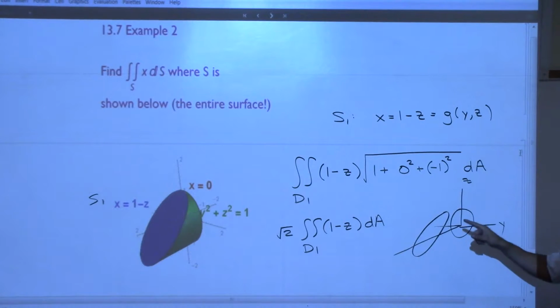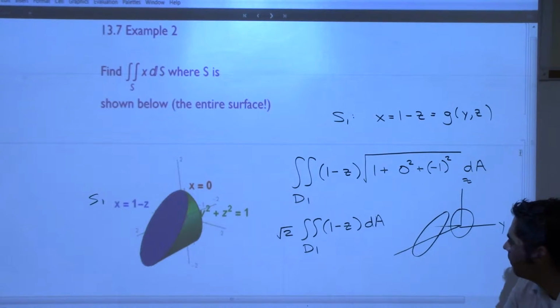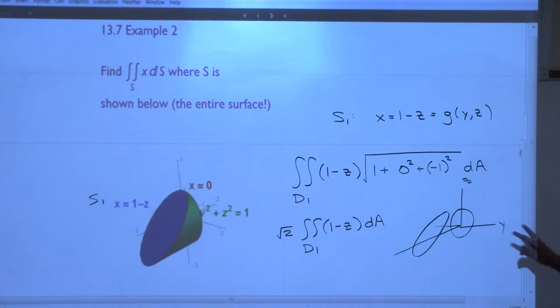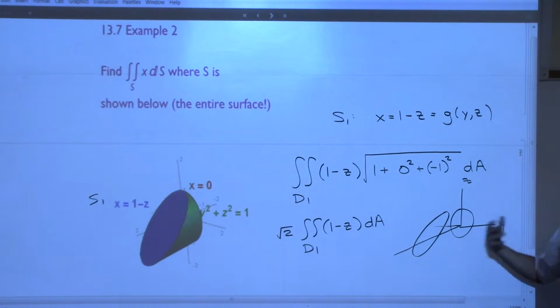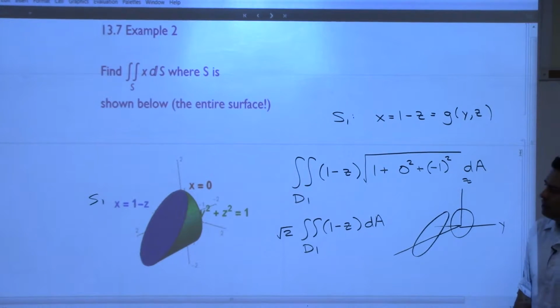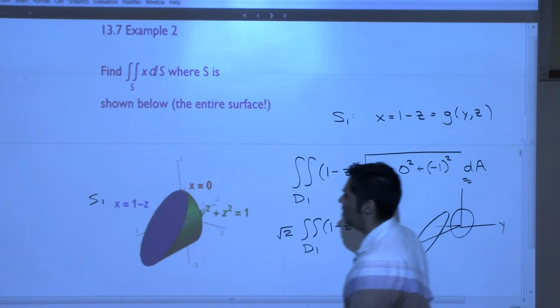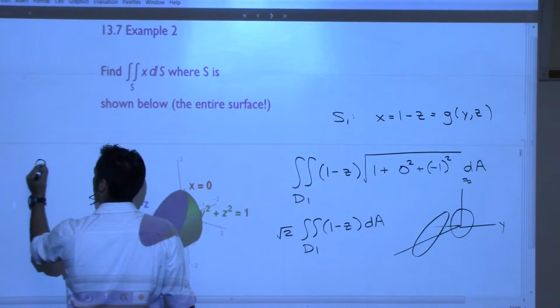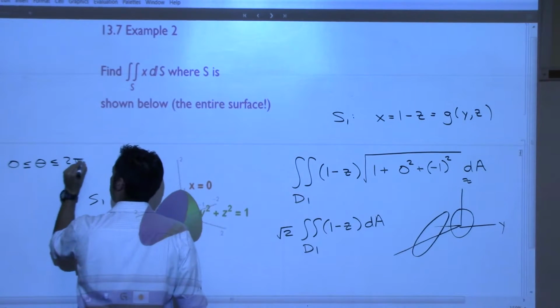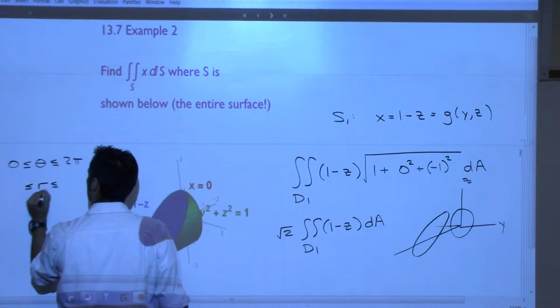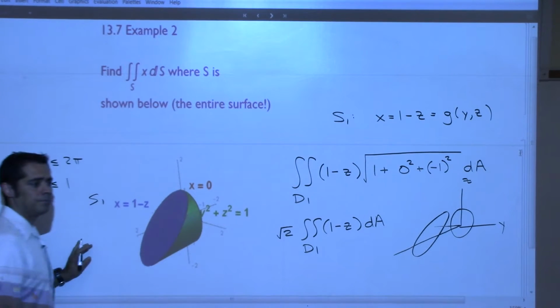I'm going to convert this integral to a polar integral, or cylindrical, however you want to look at it. Because I can't restrict y and z to make that nice. But if I go polar, I can. So I'm going to have my theta between where and where? 0 and 2 pi. And my radius should be between 0 and 1.